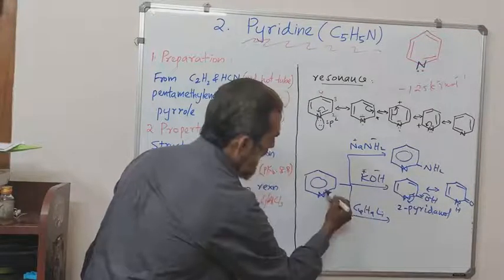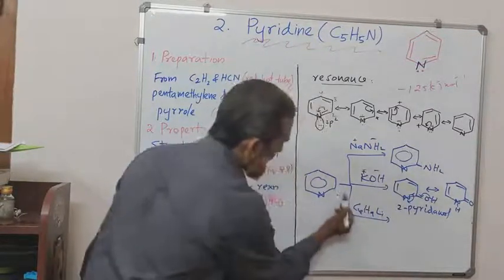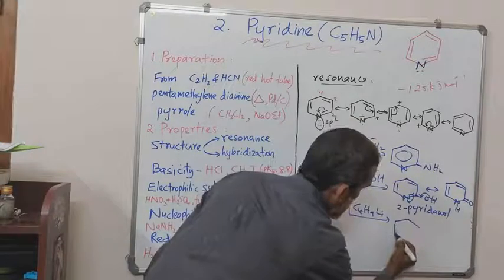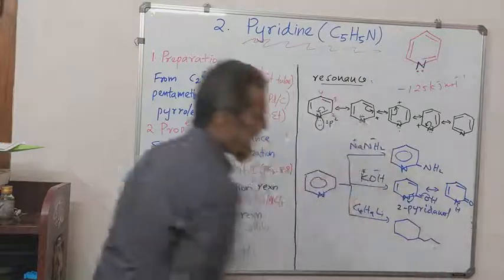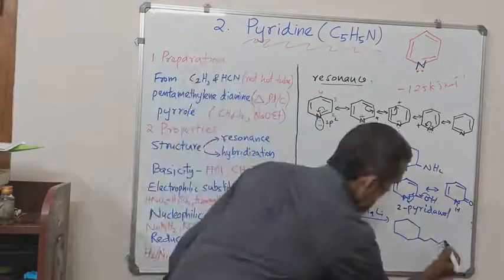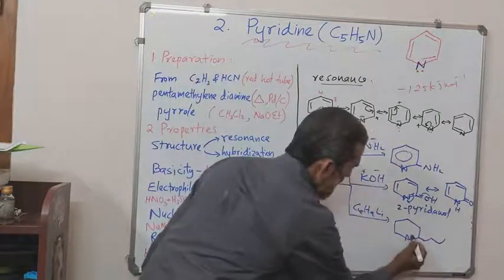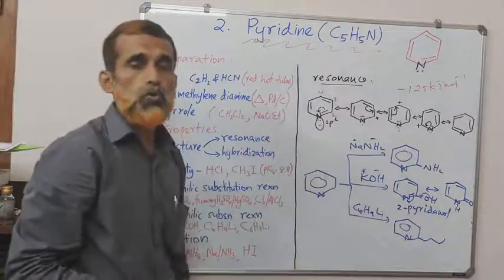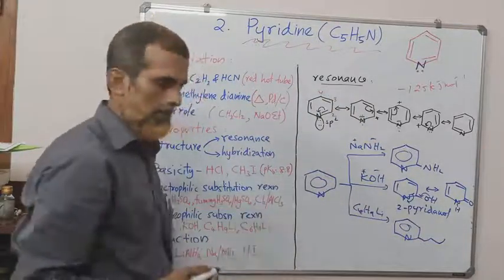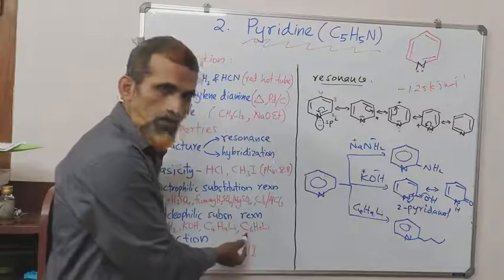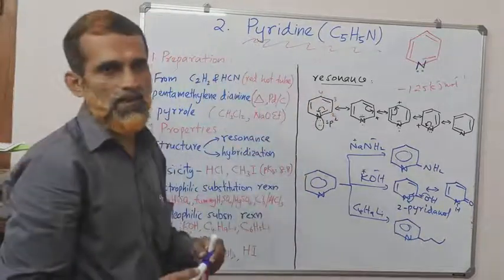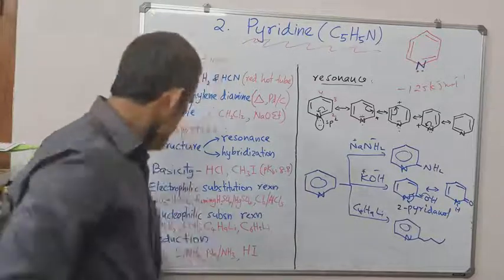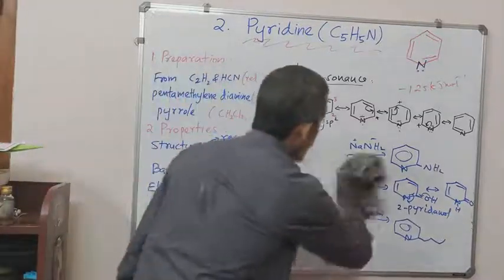Normal butyl lithium can react with this, and this position gets substituted by the n-butyl group like this. So you get 2-butyl pyridine. If it is phenyl lithium, you get 2-phenyl pyridine. Very similar reaction. So these are nucleophilic substitution reactions.